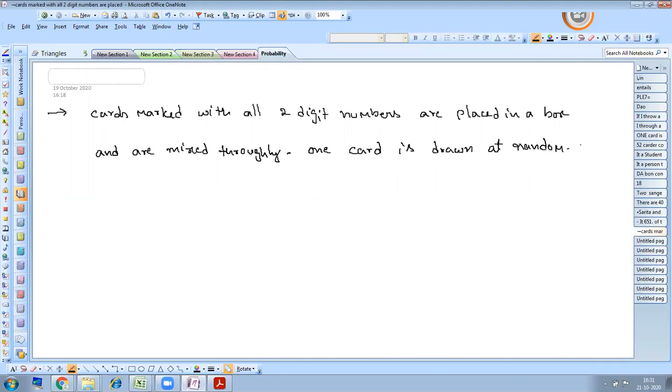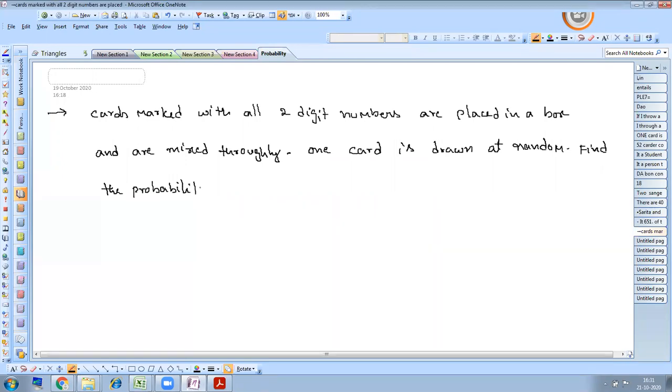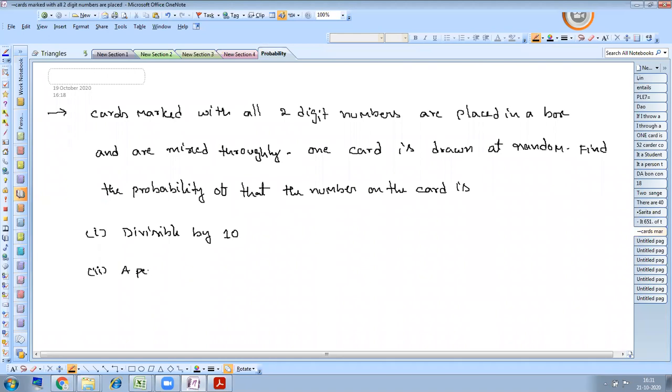Find the probability that the number on the card is divisible by 10, a perfect square number, a prime number less than 25.